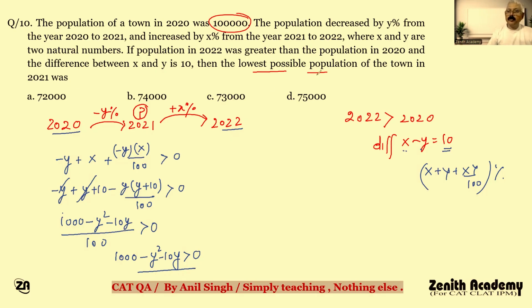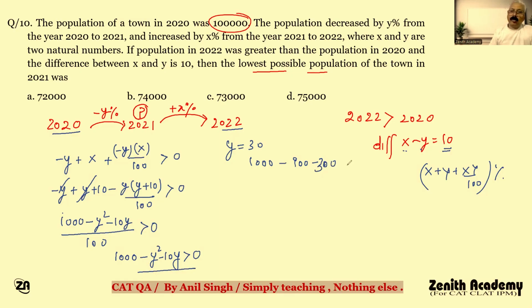We have to find the lowest possible population of the town in 2021. So the magnitude of Y must be the largest possible value. See this inequality. Very simple approach: by hit and trial. If I take Y is 30, then this is 1000 minus 30 square, which is 900, and 30 into 10 is 300.